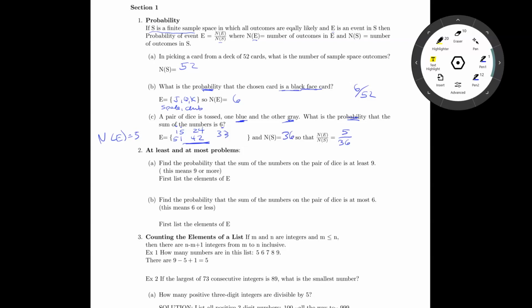Okay, so let's just make sure we're good with the language. The probability that the sum on the pair of the dice is at least 9. That means 9 or more. I don't know any other way than just to write them all down, right? So if I get 9, that's 3 and 6, or 6 and 3 on the different die. You could think of them as the blue and the gray if you want. 5 and 4, 4 and 5. Let's see, more than 9 would be 2 5s or 2 6s, right?